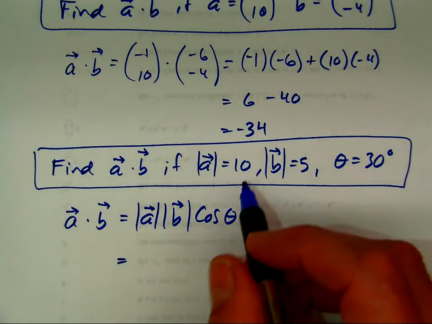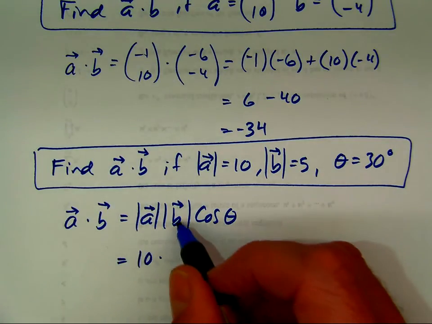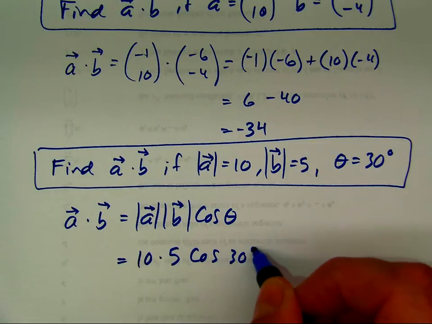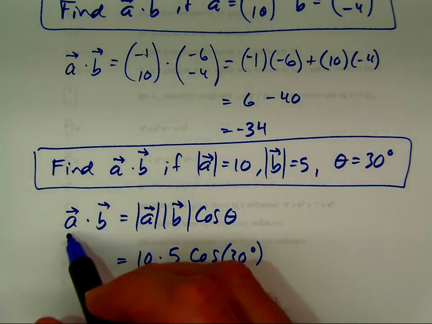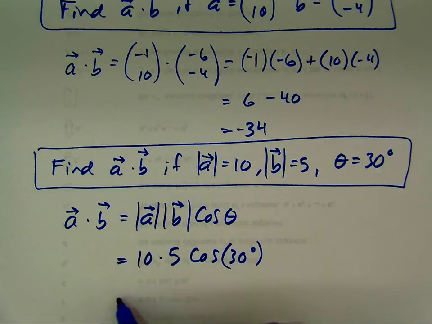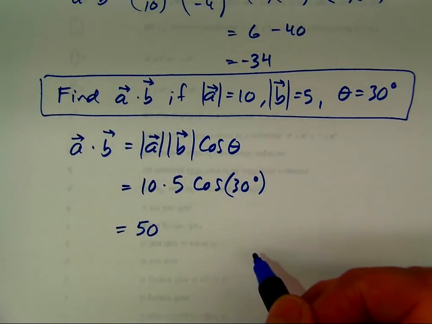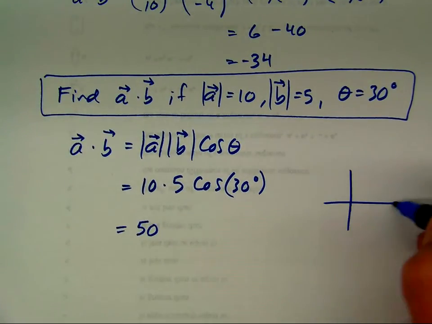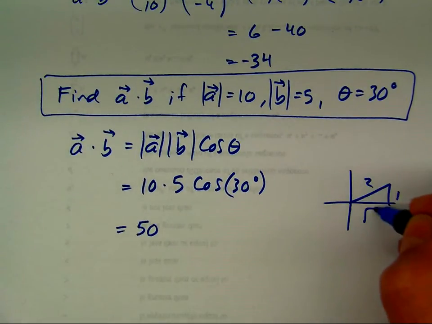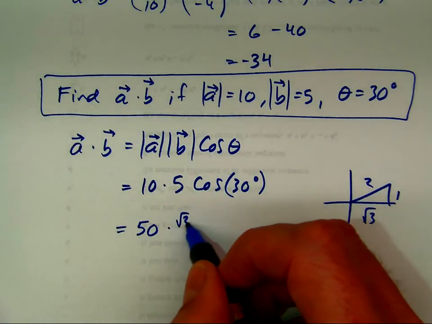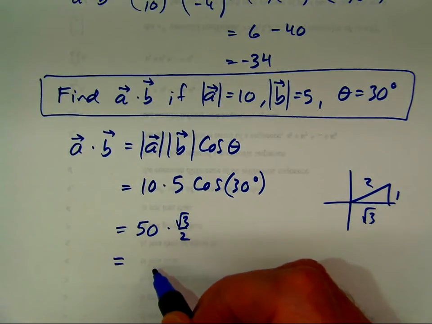So now that means we'll put these on this side. So the dot product is just going to be this, 50, and cosine of 30. Cosine is radical 3 over 2. And we get 25 radical 3.